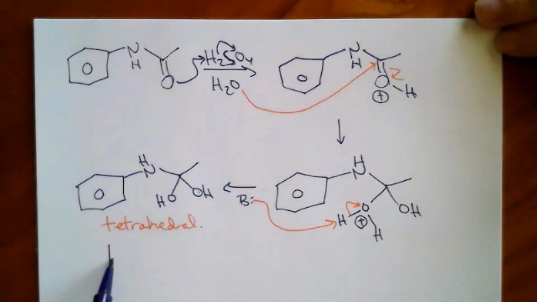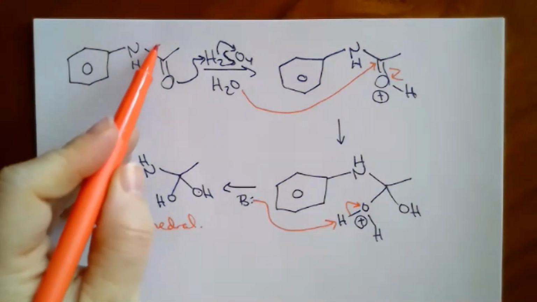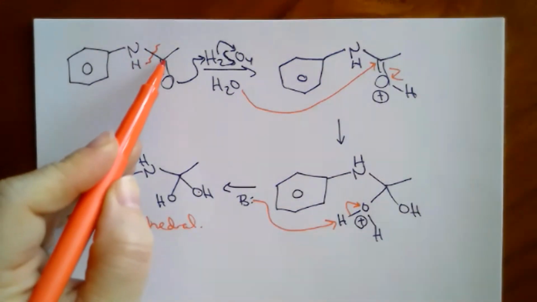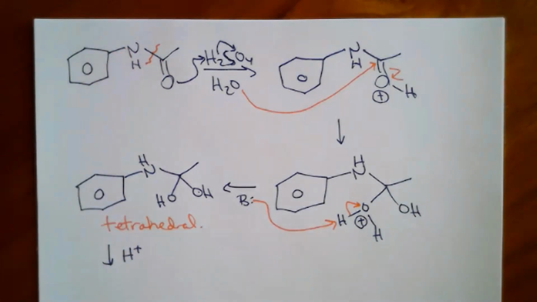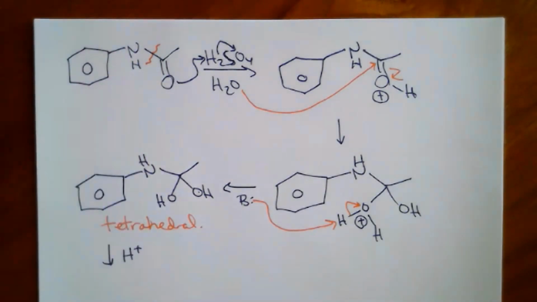So we need to protonate our leaving group before it leaves. Who's my leaving group? Well, this is hydrolysis of an amide. So what hydrolysis means is I'm going to cut the bond between the carbonyl and the neighboring atom, whatever that atom may be. So my nitrogen is actually my leaving group.